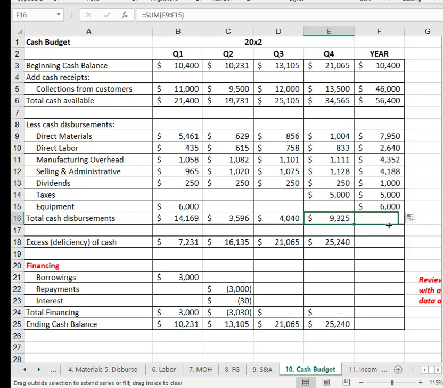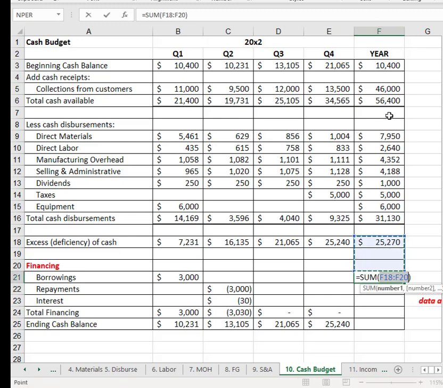And then we can get that total. And then we can get the excess of cash in the beginning of the year, plus all the collections, less all of the payments, including taxes and dividends and purchases of equipment. We have no borrowing going on here, but you could certainly show that activity. It guessed wrong, didn't it?